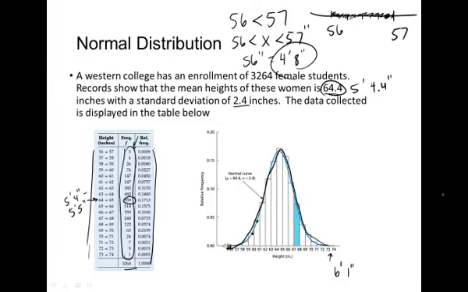Almost no women are taller than 6 feet or 6 feet 1 inch. There's a few in the WNBA, but these are college people. So this gives you a little idea of a normal distribution. As you can see, the data falls into an approximately normal distribution. It's not perfect, but it's good enough.